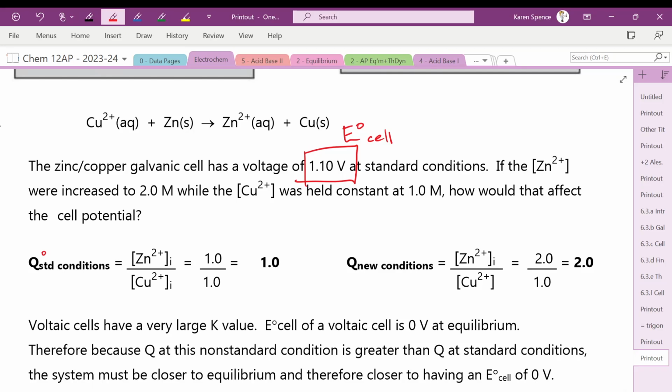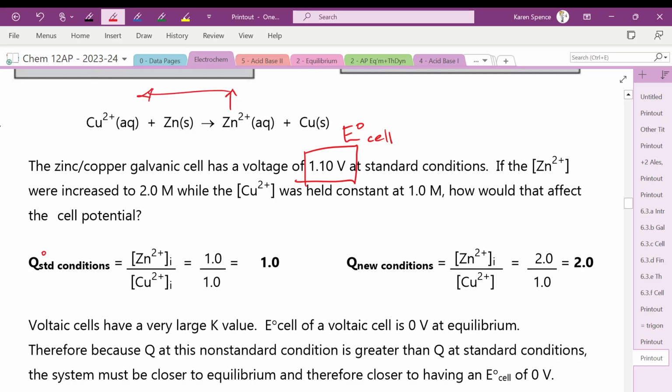Now, I'm going to show you how you can do this and make the prediction, but just don't explain it this way. Imagine that this were an equilibrium system and we increased the concentration of zinc. Which way would that cause the equilibrium to shift?